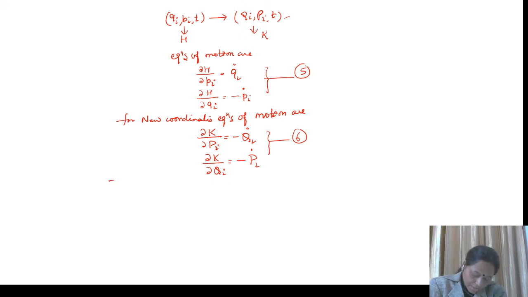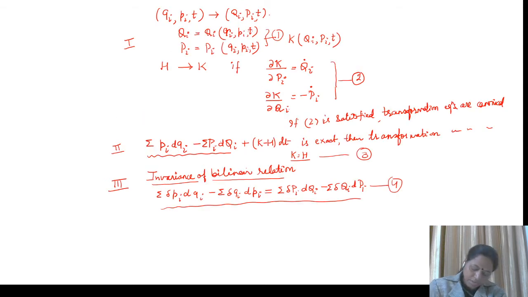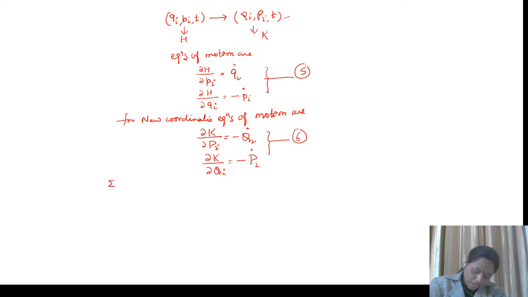Now I consider this relation, sigma delta Pi dqi minus delta Qi dpi. I am taking one side of the relation.